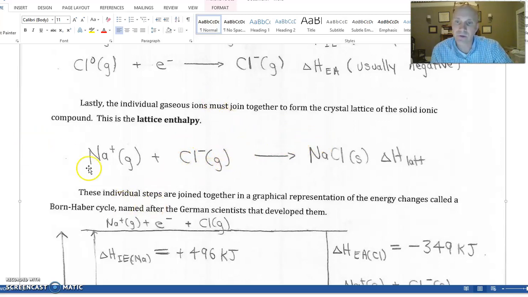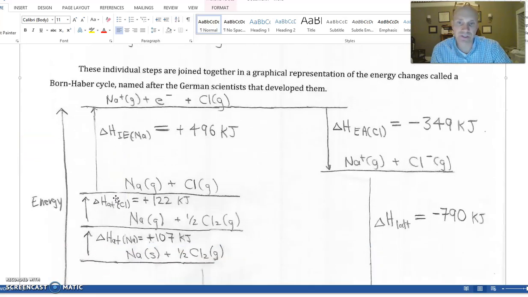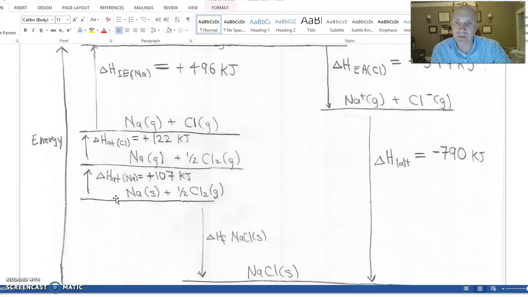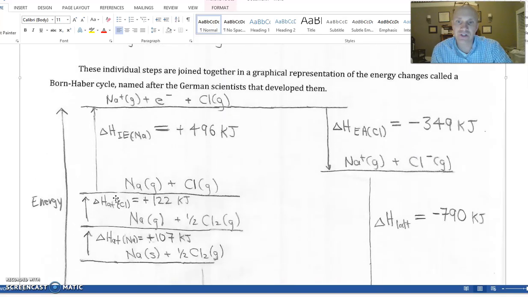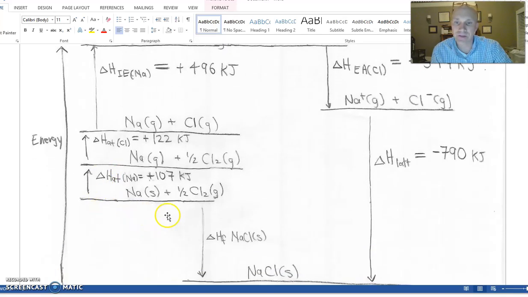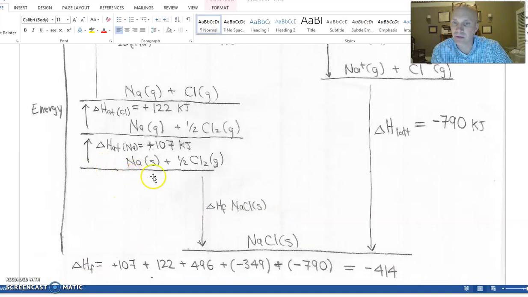So in a Born-Haber cycle, the way that it's generally depicted, and I know that this can look a little busy at first, is to show these things happening individually. Let me break this down to hopefully make it make a little more sense. The place you're always going to start, focus on this part right here.